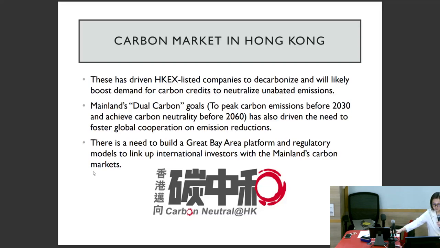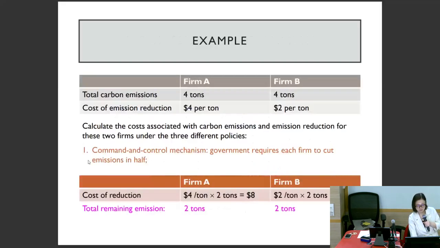This has driven the HKEX listed companies to decarbonize and will likely boost demand for carbon credits to neutralize unabated emissions. So yeah, just the targets of Hong Kong to carbon neutrality.